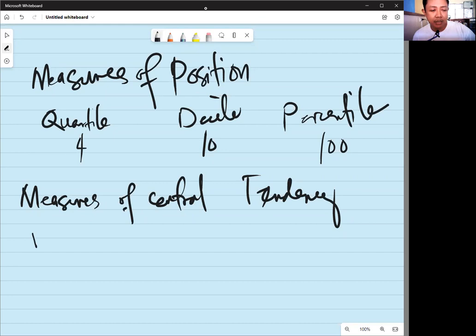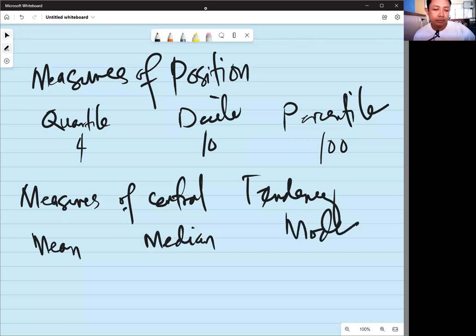Very good. The 3 M's: the mean, the median, and the mode. So that is for the measures of central tendency.